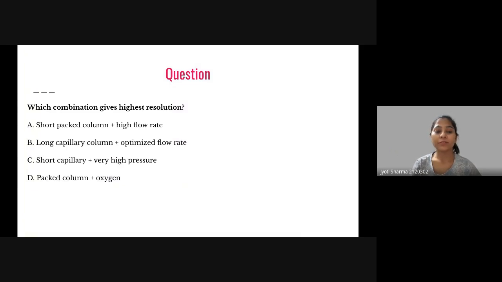Which combination gives highest resolution? Short packed column plus high flow rate, long capillary column plus optimized flow rate, short capillaries plus very high pressure, or packed column plus oxygen.